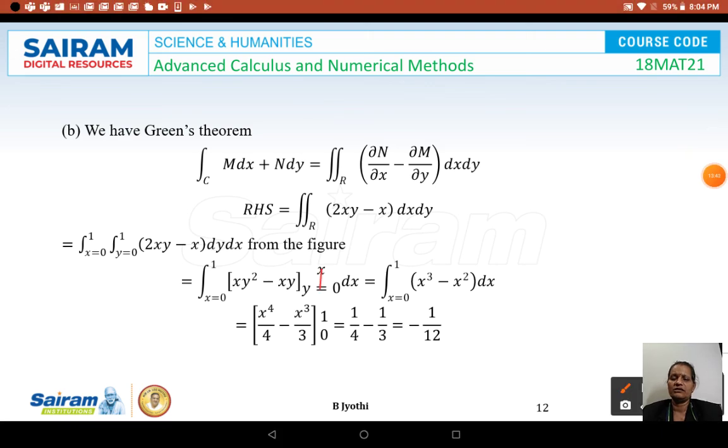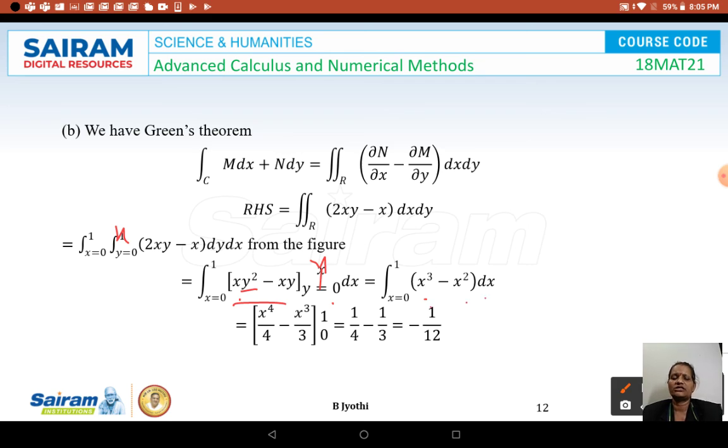So next, the same thing we need to integrate with respect to x after substitution of the limits for y. When we substitute y is equal to 1, we get x. Y is actually 0 to x only. So it will be x. So when y is replaced with x, we will be getting x cube minus x square dx.